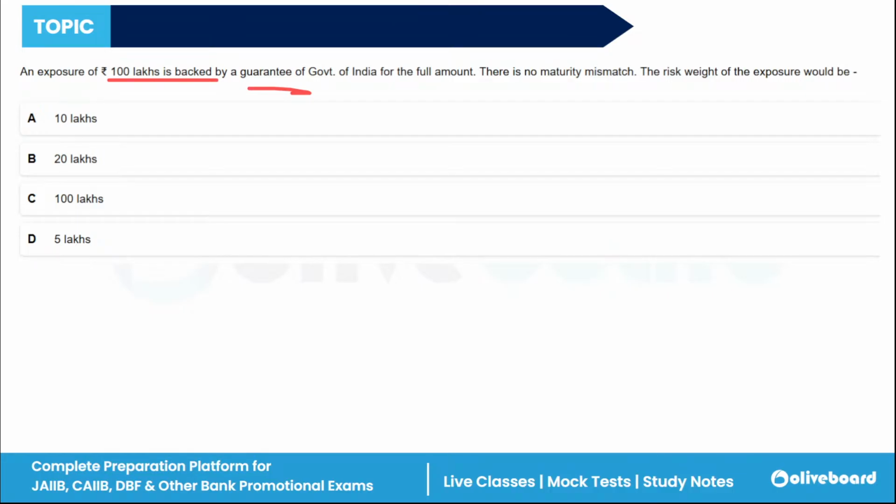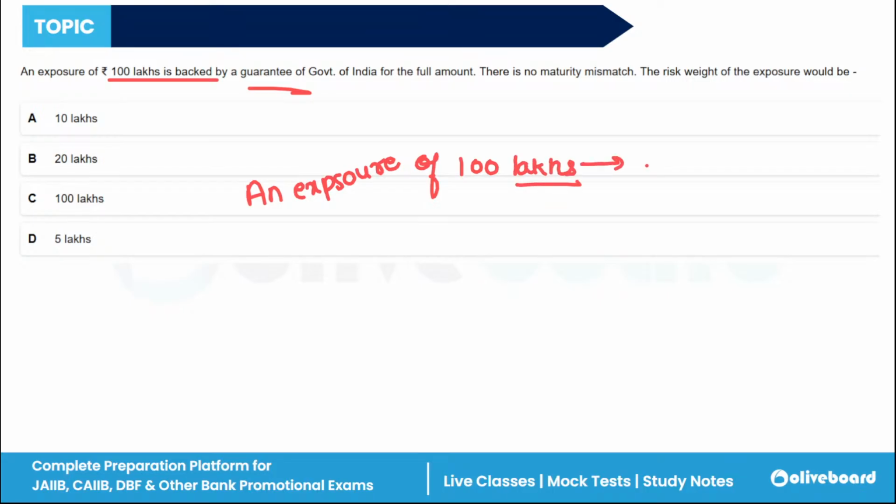See, in easy words, there is an exposure of 100 lakhs which is backed by a guarantee of the government of India for the full amount. There is no maturity mismatch situation.